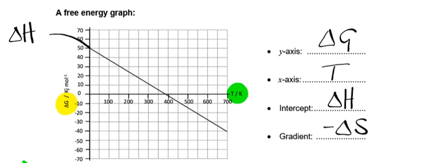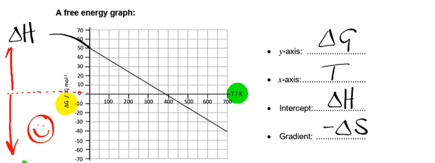Anything else to pick out from this graph? Well, we've got positive and negative values of delta G. These values are all negative, so this is where the reaction is feasible, and anything above this line, the reaction is not working.